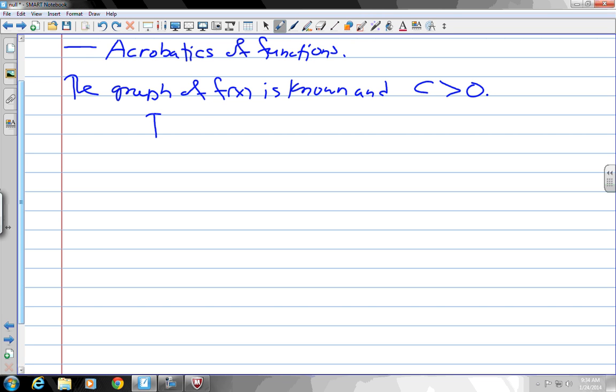So we're going to try to sketch the following functions. y equals f of x plus c. So basically what I'm talking about, you know the graph of f. c is some positive constant. What happens to the graph of f if you add a constant to it?